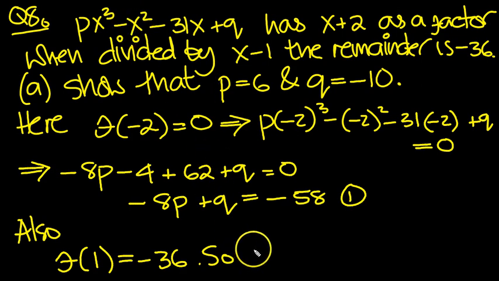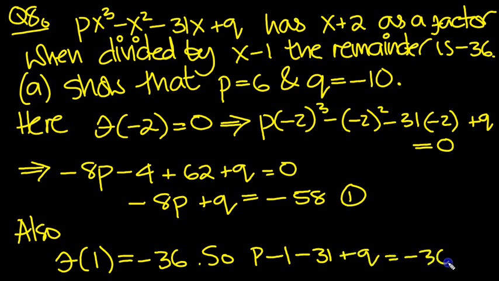So we've got p, then we've got 1 cubed. Because it's just 1, I'm just going to write it down in one fell swoop. p times 1 cubed is 1, so that's just p. Minus 1 squared is −1, minus 31 times 1 is −31. And then we've got a plus q. And that equals −36.